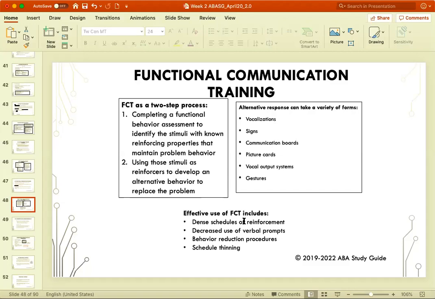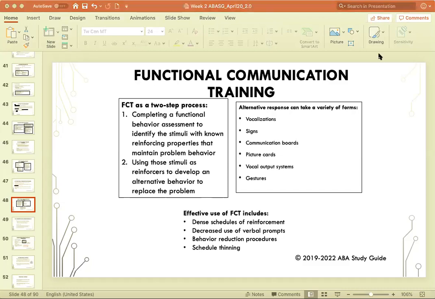I use those stimuli. In this case, the stimulus happens to be the teacher's attention because she stops class and reprimands Monique or asks Monique if she's okay or if she wants to come sit on her lap or whatever the teacher's doing. I have identified that stimulus is maintaining or reinforcing the screeching behavior. So now what do I do?